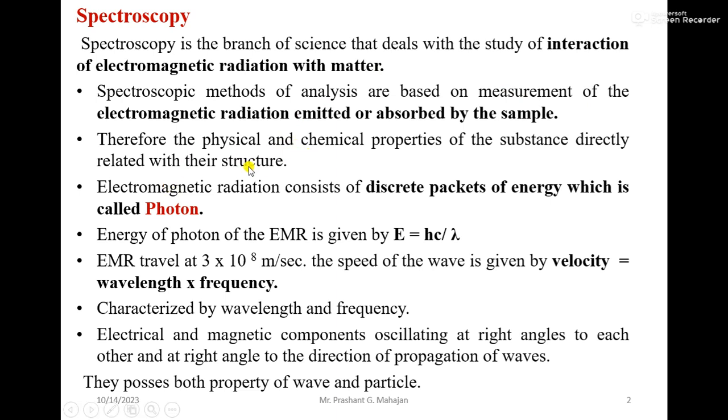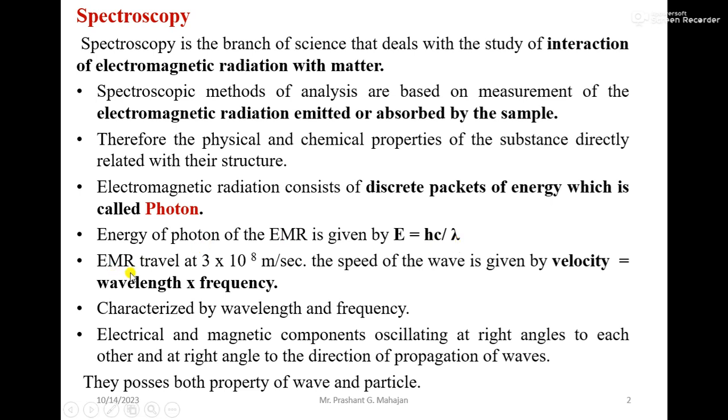Electromagnetic radiations consist of discrete packets of energy called photons, and the energy of a photon is given by E = hc/λ. E is the energy of the photon, h is Planck's constant, c is the velocity of the radiation, and λ is the wavelength.